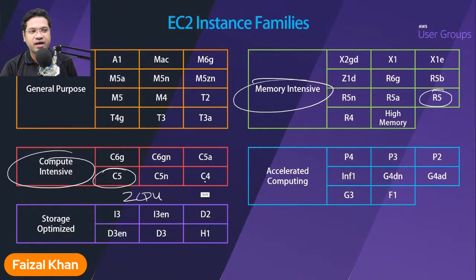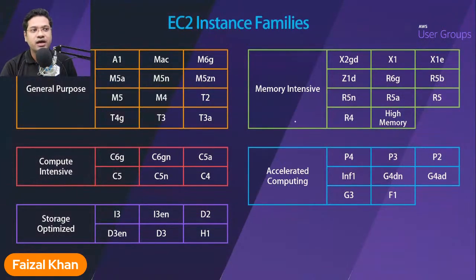The compute intensive has better CPU processors. And the memory intensive instances obviously have higher memory. So for example, you might get a C5 instance with 2 CPUs and maybe 4 GB of RAM. But on R5, you might get an instance with 2 CPUs and 8 GB of RAM, right?